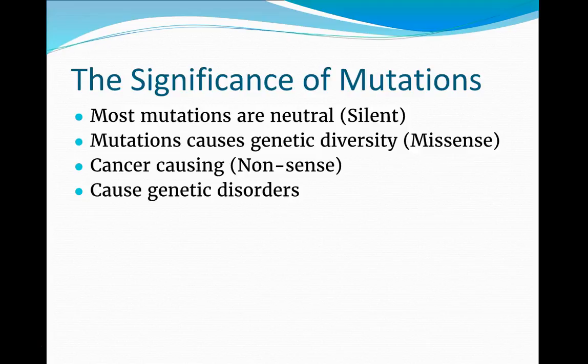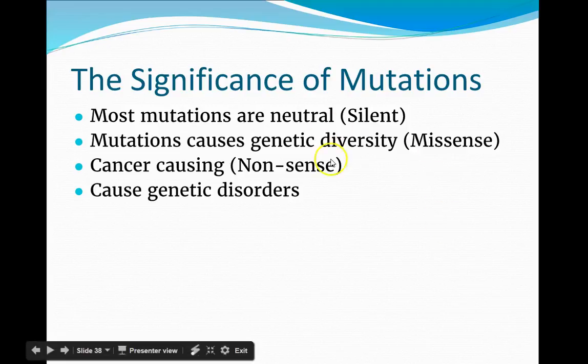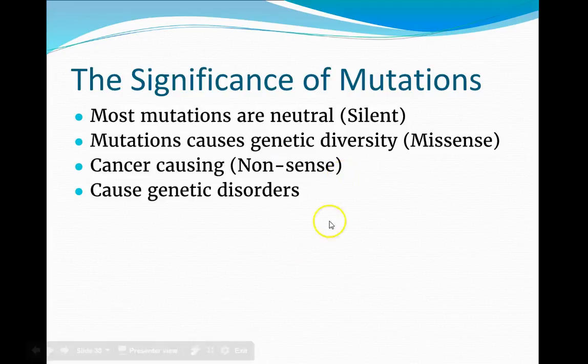So when we think of a mutation, we can't think of only some type of genetic disorder or disease, because sometimes mutations are very, very beneficial to the organism, and sometimes those benefits can help increase the biodiversity on this planet. Some of them, these nonsense mutations that are caused by frameshifts, can be cancer causing, and many of them, like I've said, can cause genetic disorders.